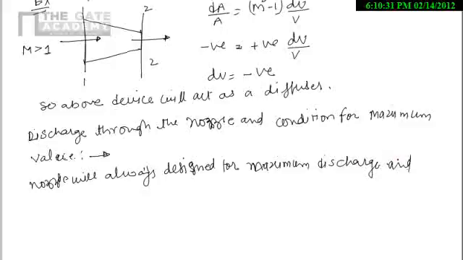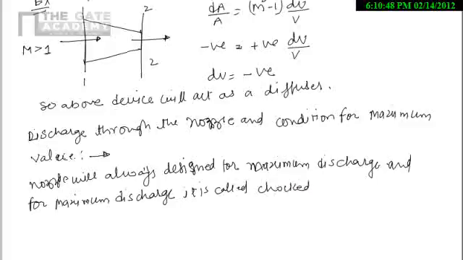And for maximum discharge, it is called choke condition. For maximum discharge, it is called choke nozzle. That means the nozzle will always be designed for the maximum discharge, or ideally the nozzle is designed for choke condition where we will get the maximum discharge.